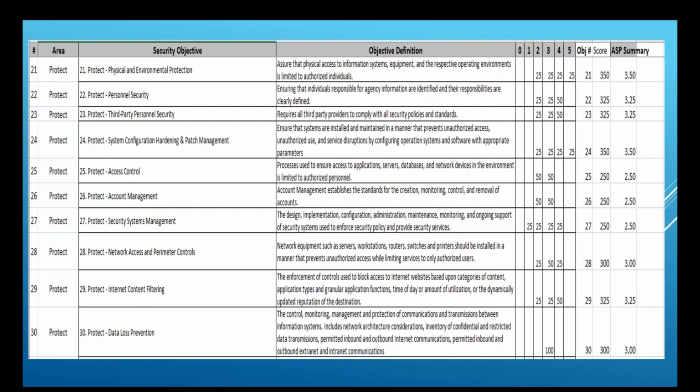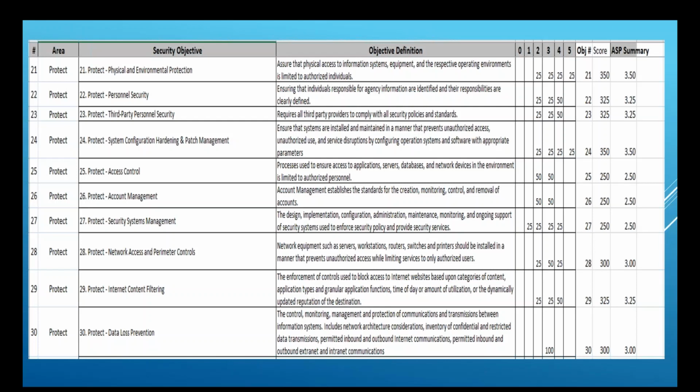Access control, number 25. Do we have processes in place to allow people to access our applications, our servers, our databases, our network devices, and make sure that it's just limited to those people that are authorized to do that? In most cases, somebody is using either Active Directory or some type of LDAP authentication to say, yes, Frosty has access to this application and to this application, but he doesn't have access to that other application.